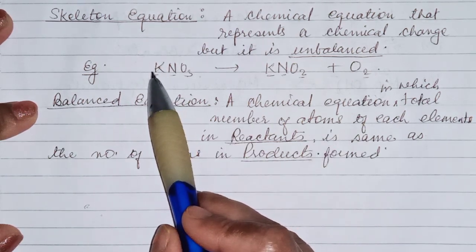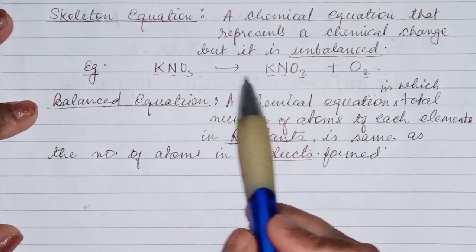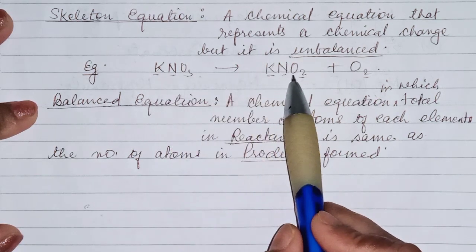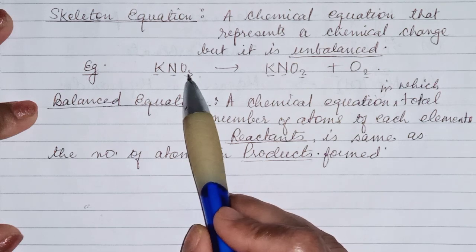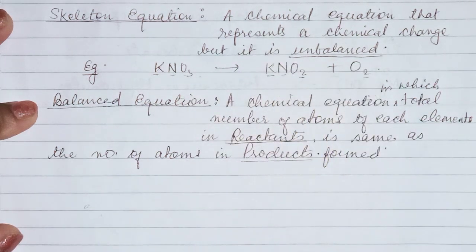That means potassium on this side must be equal to this side, nitrogen this side must be equal to this side, oxygen this side must be equal to this side. If they are all equal in number, then you can say it is a balanced chemical equation.